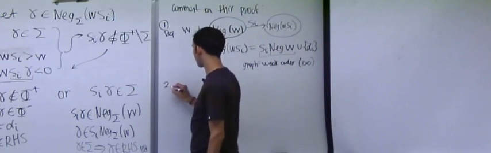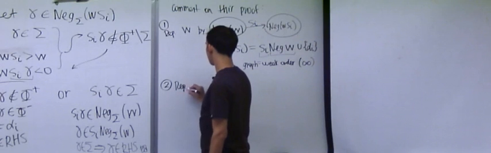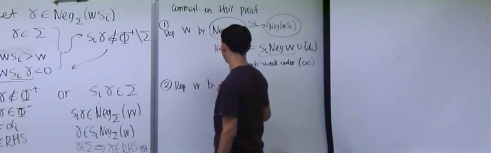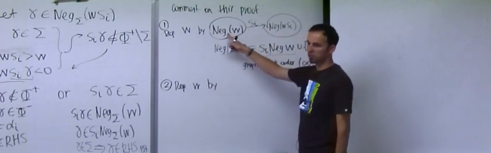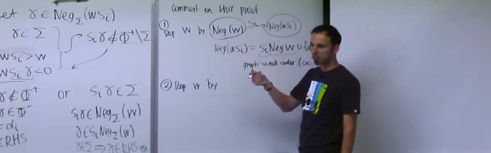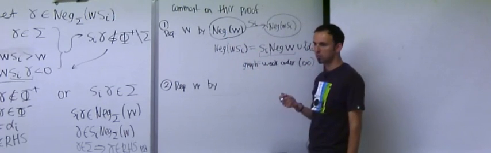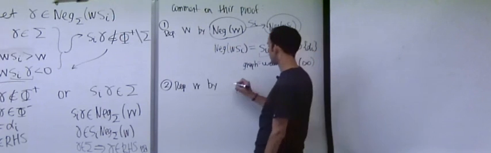Okay? And so the second thing you might try is to represent W by not all the roots that you make negative, but maybe only the simple roots, for example. Because we know the simple roots are finitely many.